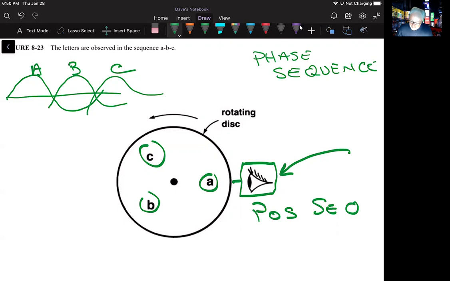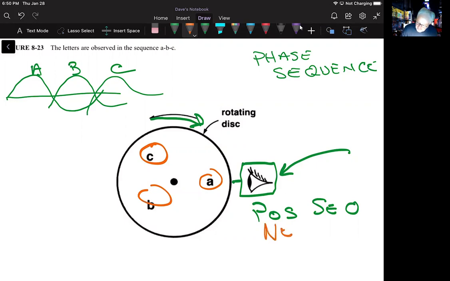If it turned clockwise here, all of a sudden, it would be A, C, B, okay? And that could be described as ACB or CBA or BAC, depending on where you are in the sequence. So clearly there's a difference between what we'd call a positive sequence and what we'll call a negative sequence.